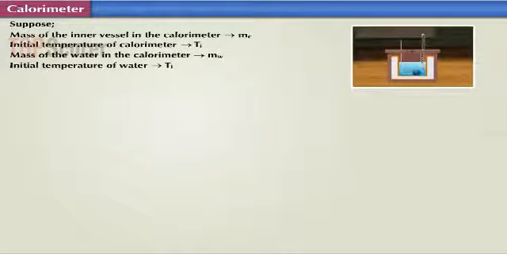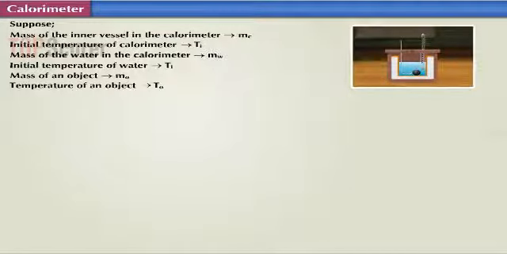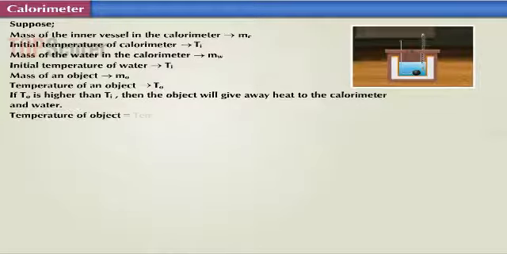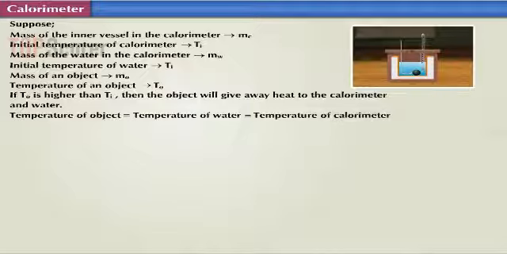Suppose we place an object of mass Mo and temperature To in the calorimeter. If the temperature of the object To is higher than that of the calorimeter or water Ti, then the object will give away heat to the calorimeter and water. After a while, a time will come when the temperature of all three become the same. Let us assume this final temperature to be Tf.